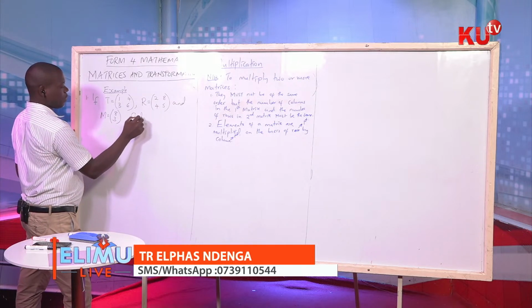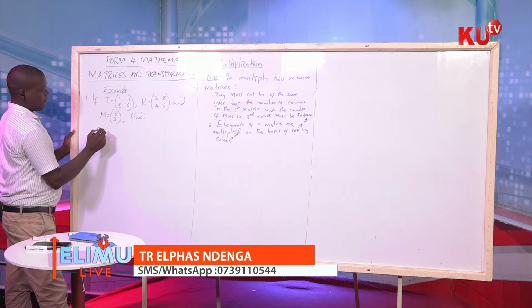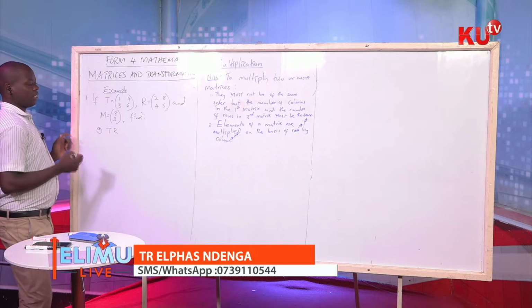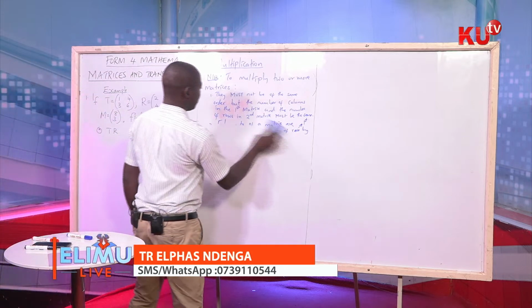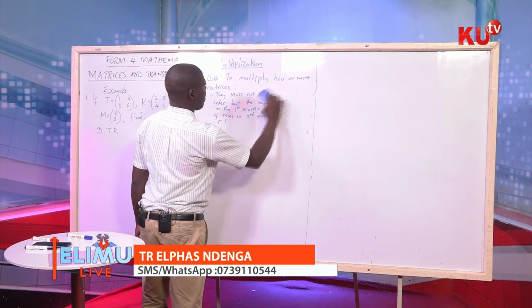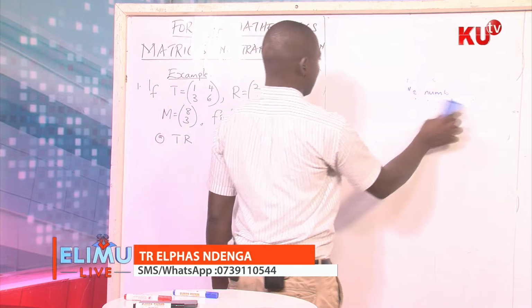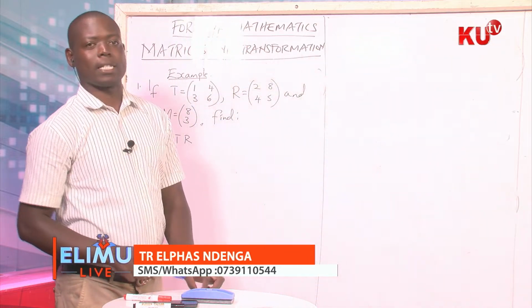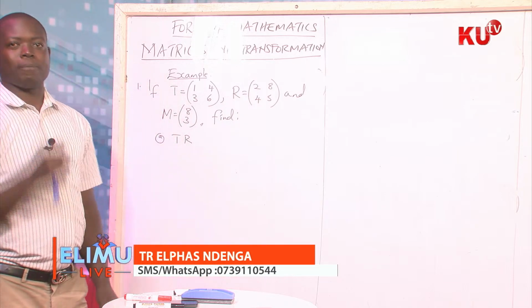Find part A: TR. Find the product of the matrix T by the matrix R.